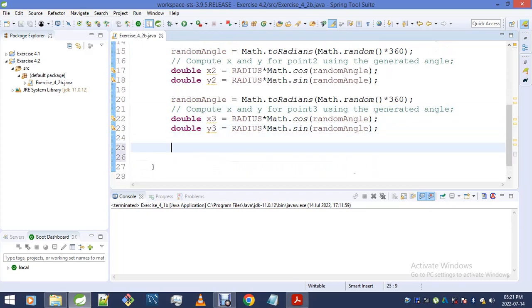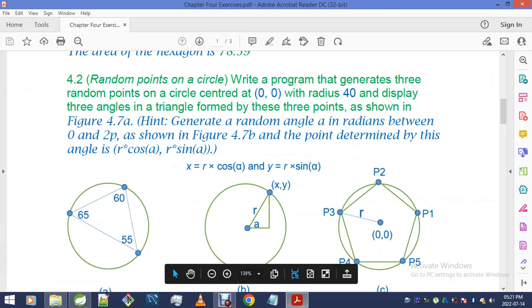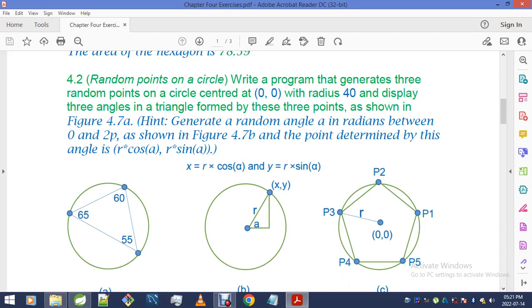So what is left for me to do? Let's get back to what is required of us. We've got to write a program that generates 3 random points. Now we do have points on a circle centered at 0, 0, which is the origin, with the radius 40, and display the 3 angles in a triangle formed by these 3 points.